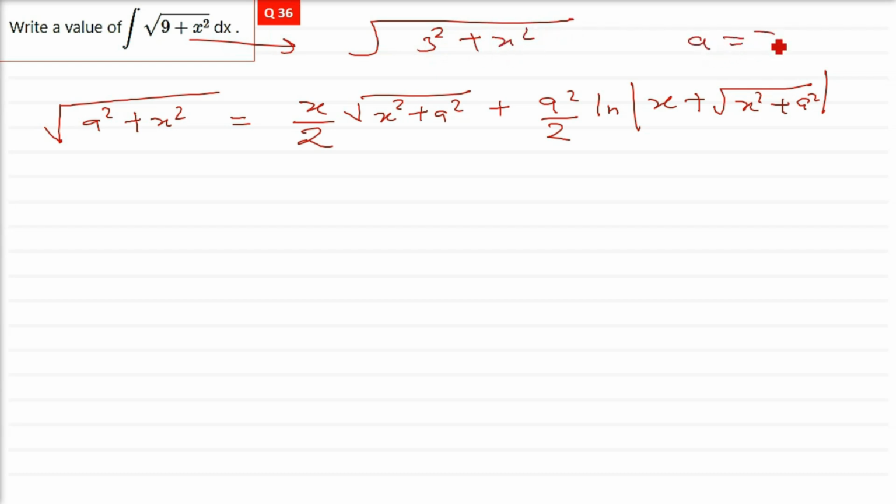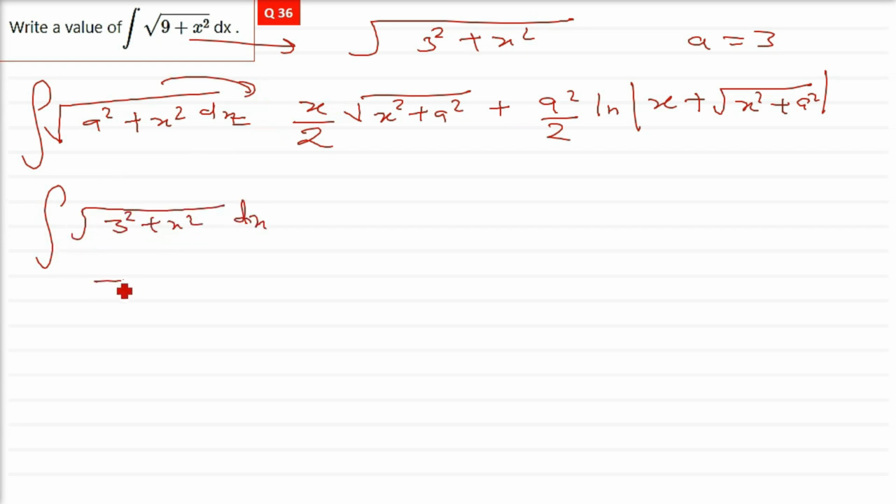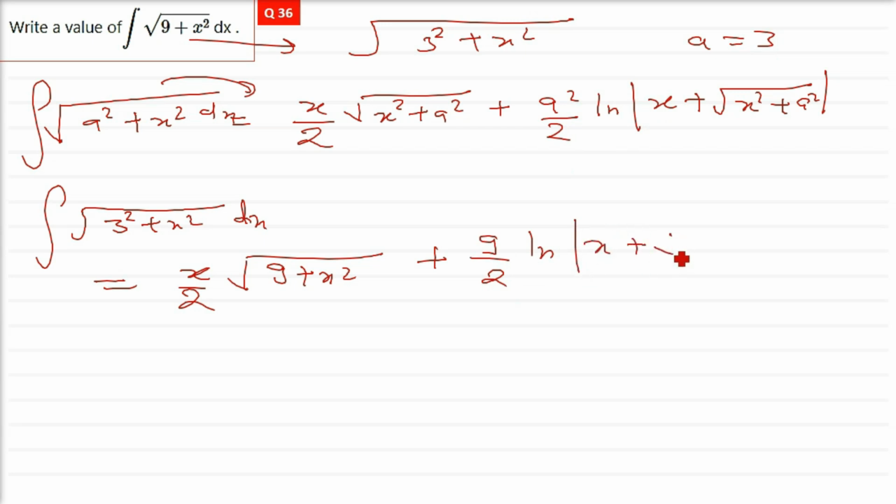So we'll take x as x and a as 3. So in this formula, just replace a equals 3 wherever you encounter it. So we are eventually integrating under root 3 square plus x square dx, which gives x by 2 under root 9 plus x square, plus 9 by 2 ln modulus of x plus under root 9 plus x square, plus constant of integration. This is your final result.